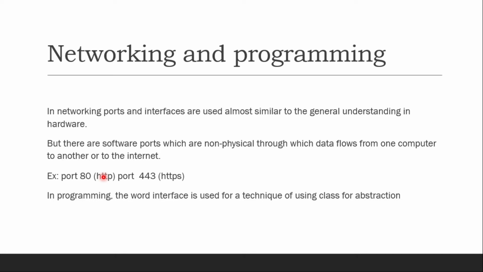But there are software ports as well for a computer or any device. Those are actually non-physical, through which the data flows from one computer to another computer or to the internet also. So how does that communication happen? That is through the software port. There are multiple examples.